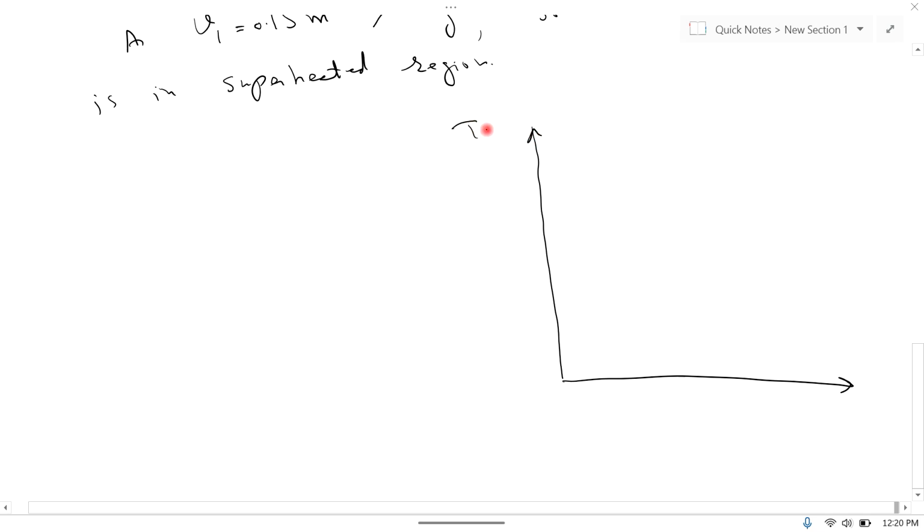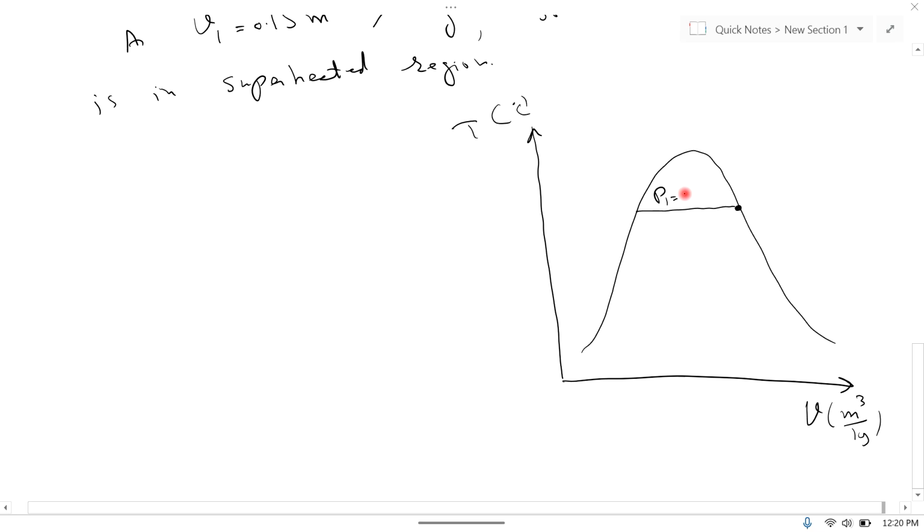This is temperature in degree centigrade, and this is volume in cubic meter per kilogram. This is saturation curve. Now let's suppose this is Vg. This is pressure P1, which is equal to 2 megapascal or 2000 kilopascal.